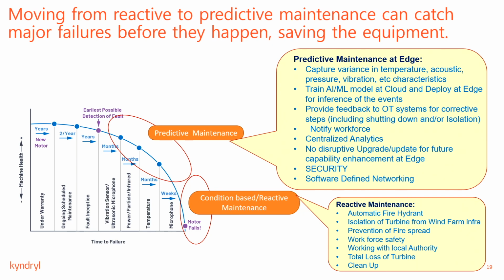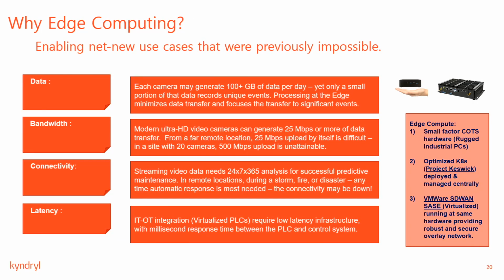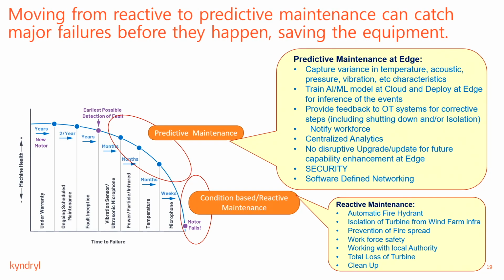So what we want to do is use edge computing to help us move from being reactive to predictive. We want to catch major failures before they happen and save the equipment. If you see on this chart, the earliest possible detection of the failure may be some years away.